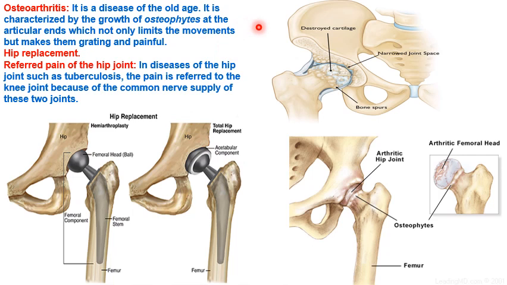Osteoarthritis is a disease of old age characterized by the presence of osteophytes, and they are present on the articular ends, and they destroy the articular cartilage of both the acetabulum and the head of the femur, narrowing the joint space.